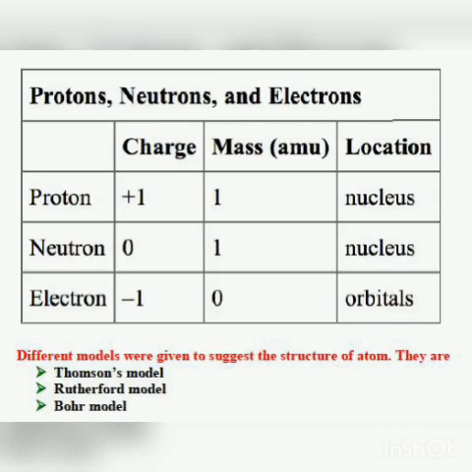Electrons, the charge is -1. Please see here, proton and electron have the same charge but opposite. Now mass of electron is taken negligible because it is very, very small and electrons are found in the orbitals. What are orbitals? That I will explain you. I hope all of you have understood till here.